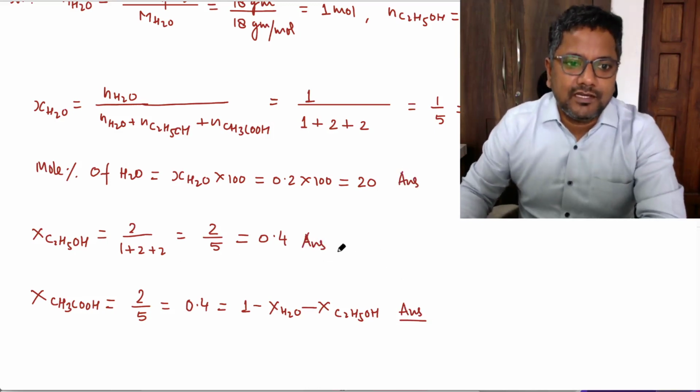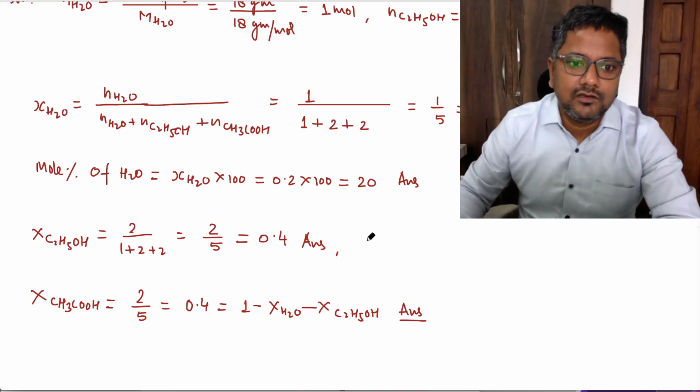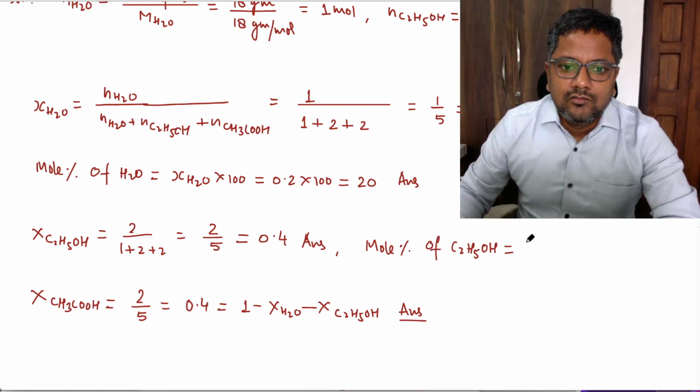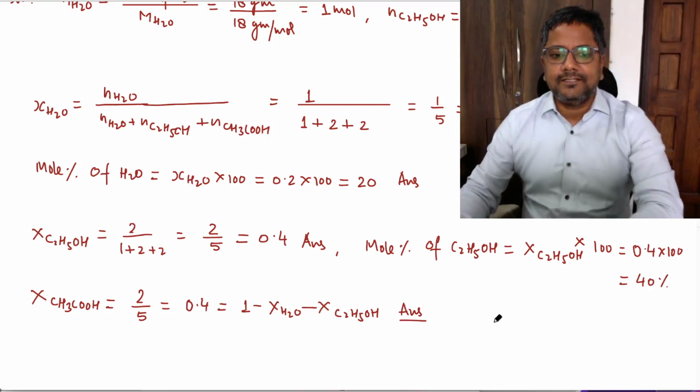Mole percent of ethyl alcohol is equal to mole fraction of ethyl alcohol into 100. So this is equal to 0.4 into 100. So this is equal to 40%, right?